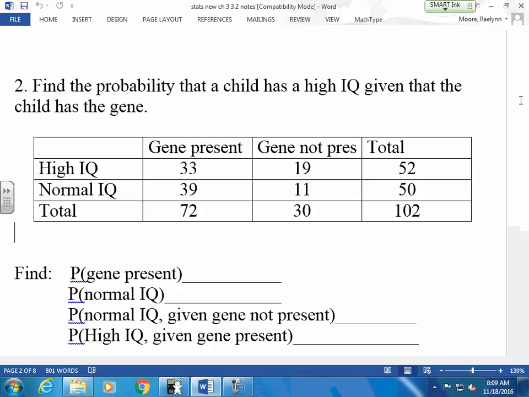So if you just kind of draw this for me. Give you a minute. Just kind of copy this into your notebooks, because once you get the hang of the chart, you'll be fine.